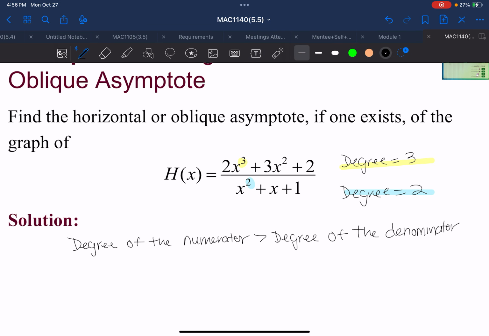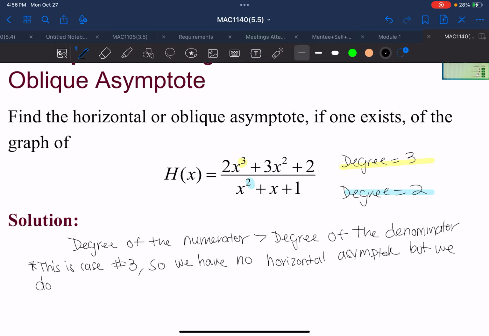And I will say this is case number 3. So we have no horizontal asymptote, but we do have an oblique asymptote.